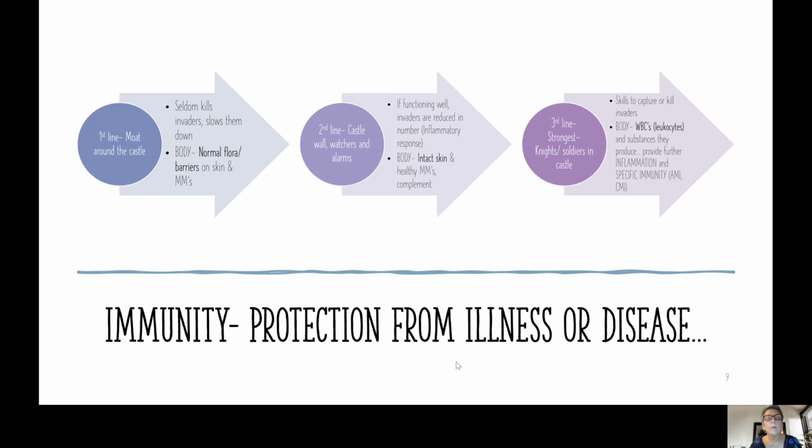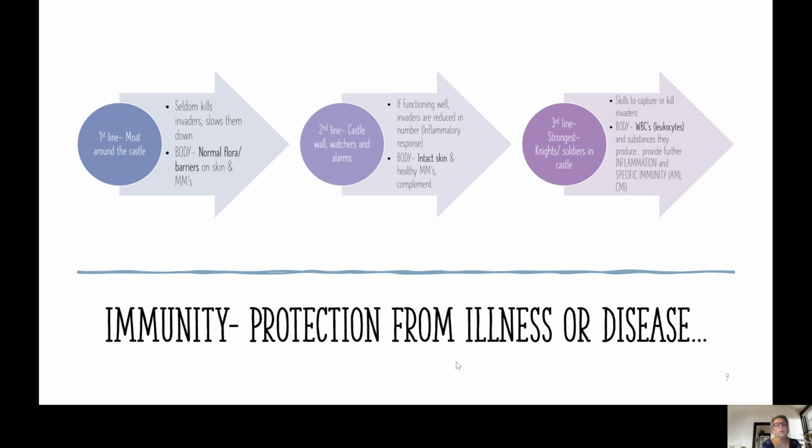When we're talking about immunity and protection from illness or disease, in a prior edition of our adult health book, they had a picture with a moat and a castle. The first line of defense was the moat, the area around the castle, and basically what it did was slow down the approach of any invaders.